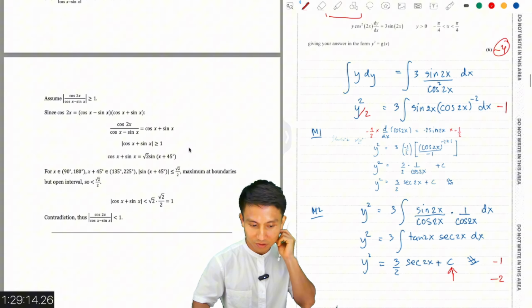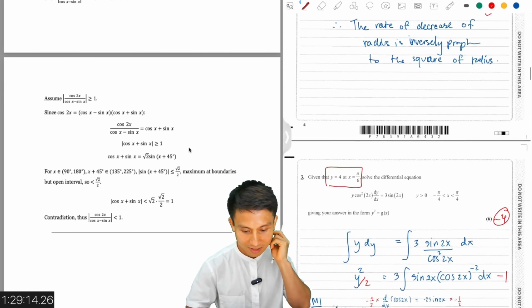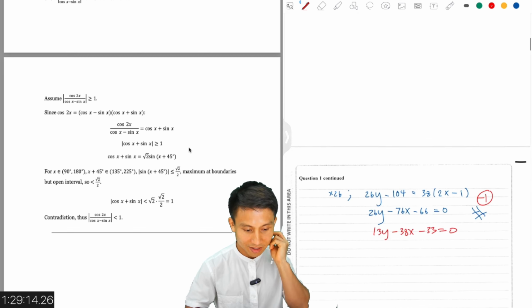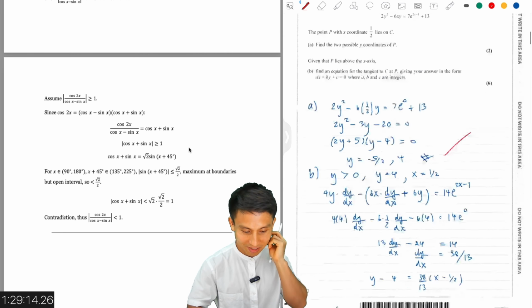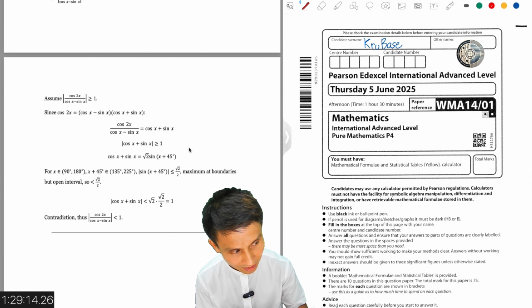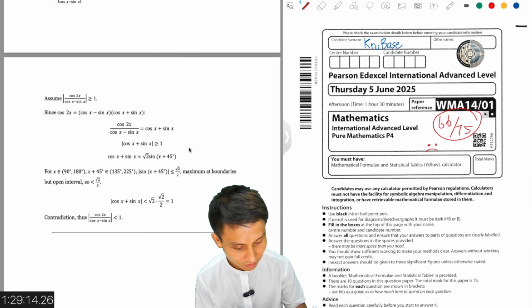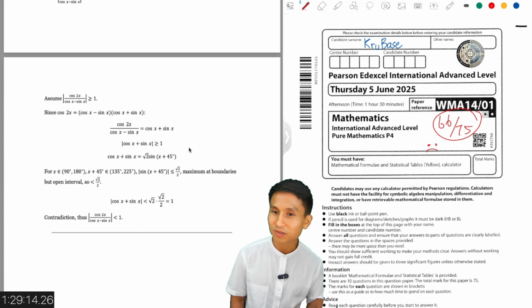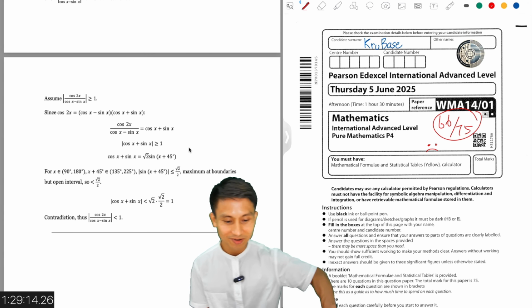Yeah, this one is the worst. 8, I lost 8 marks, and 9 probably because I didn't simplify the first one. So 9 marks, right? So I got 66 out of 75. That's horrible. Only because of stupid mistakes, right? There you go.